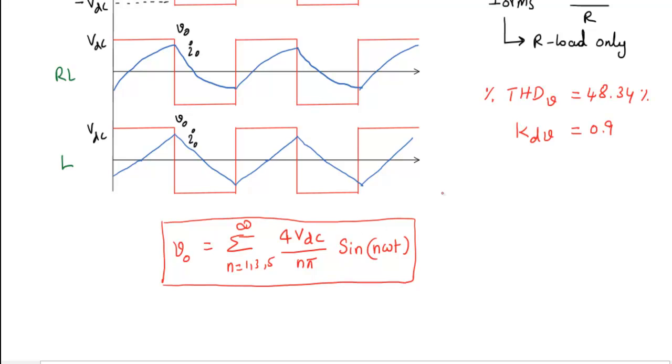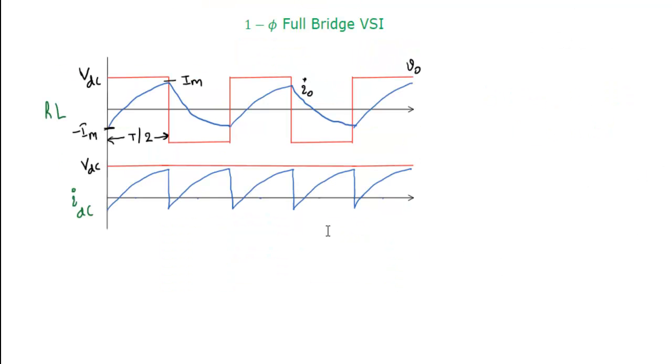All the formulas will be the same for half bridge inverter and full bridge inverter except the source voltage substitution. In case of half bridge inverter we use VDC by 2. In case of full bridge inverter we use VDC. Okay, remember that.